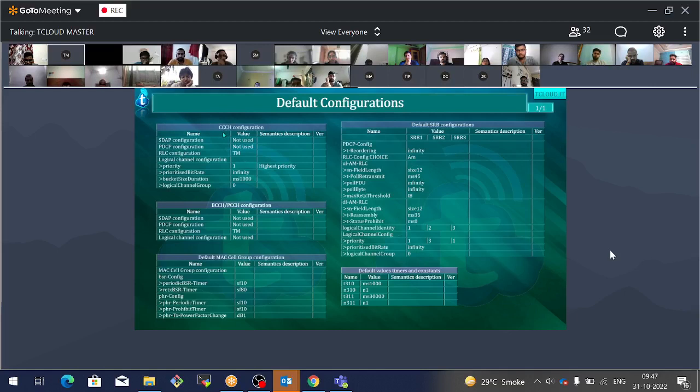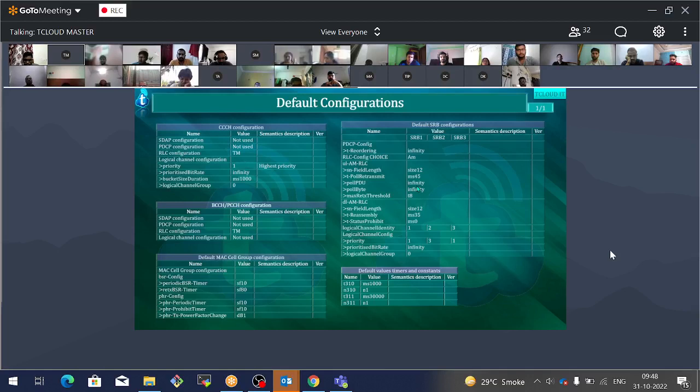For example, when it comes to CCCH, BCCH, etc., there is no overwriting. These are kind of fixed. Any mobile equipment in the 5G world will have to use this CCCH, BCCH, PCCH configuration exactly. There is no possibility for changes. It's a fixed configuration.